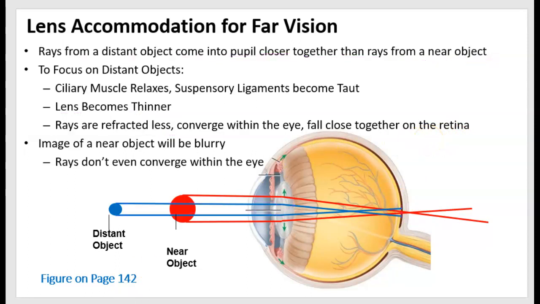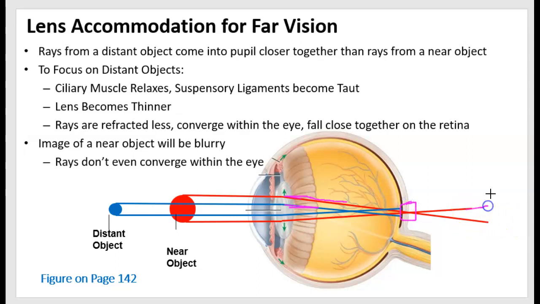Notice what happens when you've got a thin lens and it can't change, let's say, and you're trying to focus on something that's close to you. The rays come in far apart, but they're not going to be bent very much. They'll be bent the same way that the distance objects are, and they don't even converge within the eye because they haven't been bent enough.